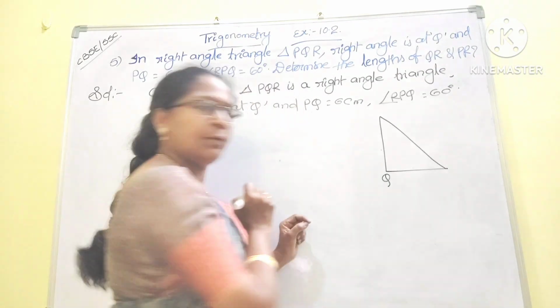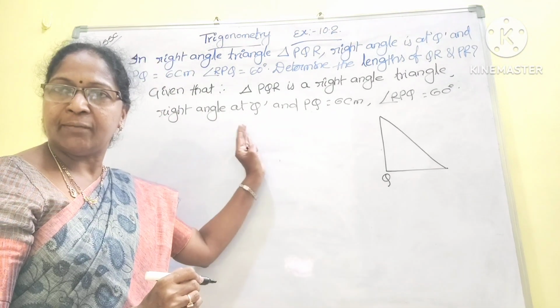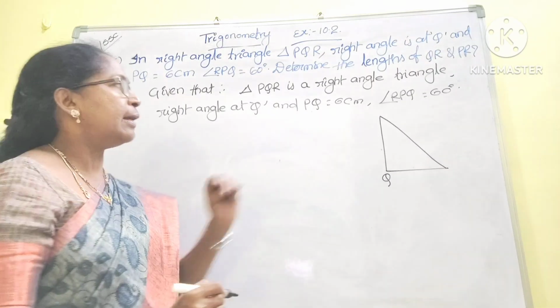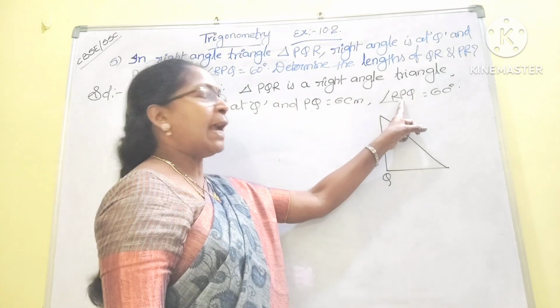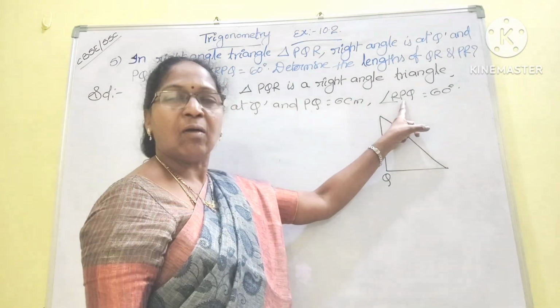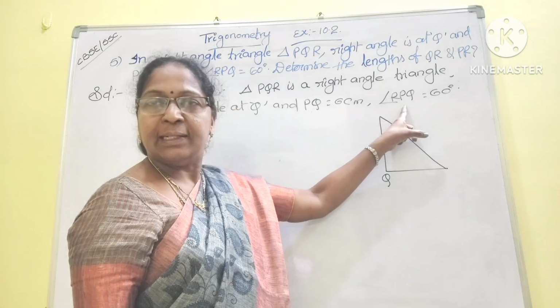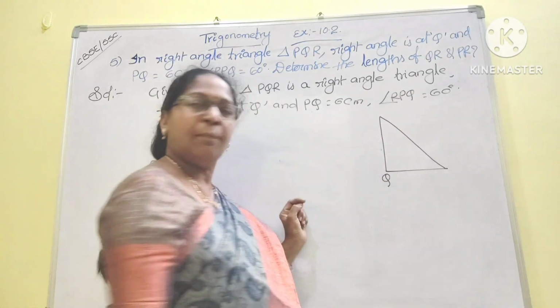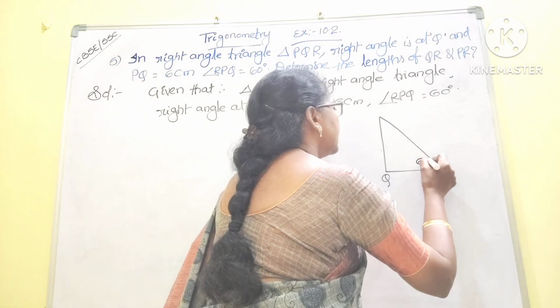Here you have to write down Q. Where you have to write the letters, you have to carefully observe the given data and represent here. Again here, angle RPQ, that means the angle at which letter? Middle letter. Always you have to consider that this angle is at the middle letter. What is the middle letter here? P. So here P, this value equal to 60 degrees.